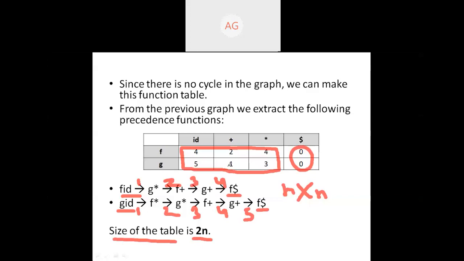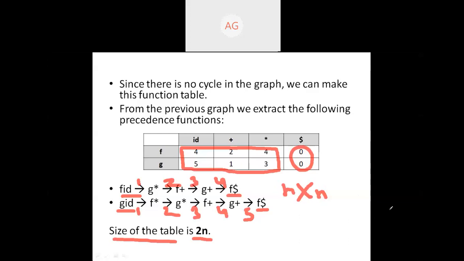By making the function table, we have reduced the size of the table to 2n, which is 8. So the size of the table is reduced much more by using the function table. This is the advantage, but there are some disadvantages as well.